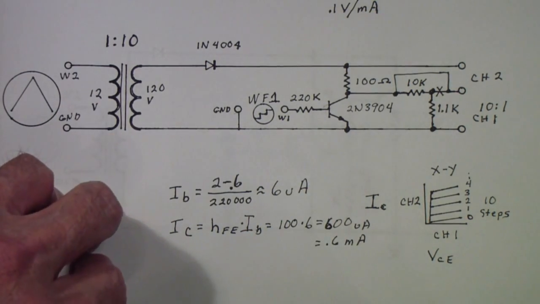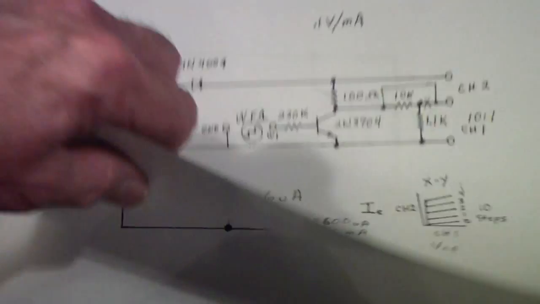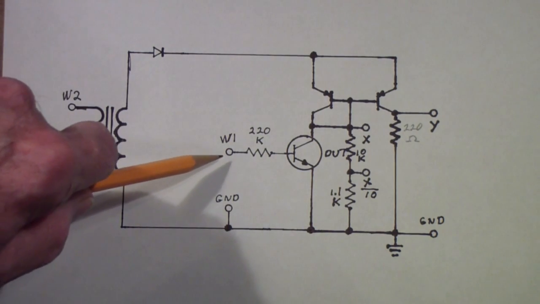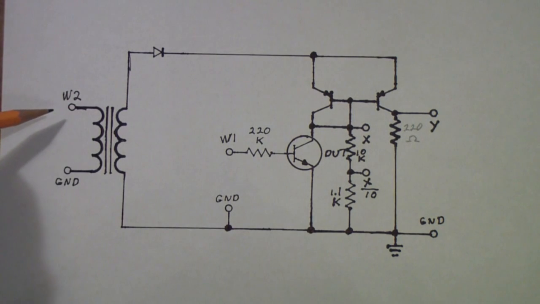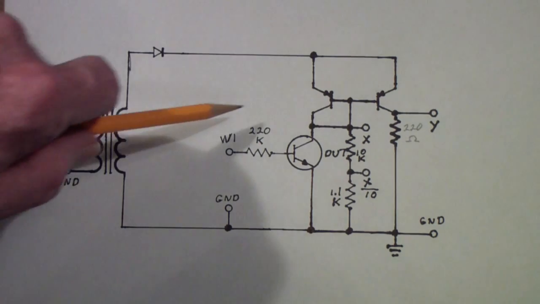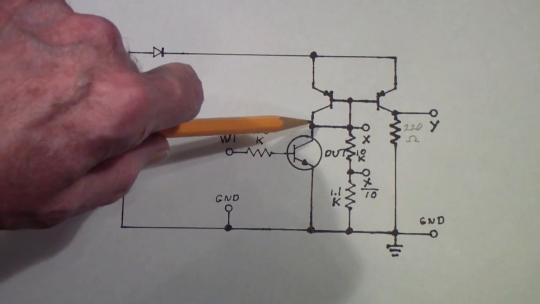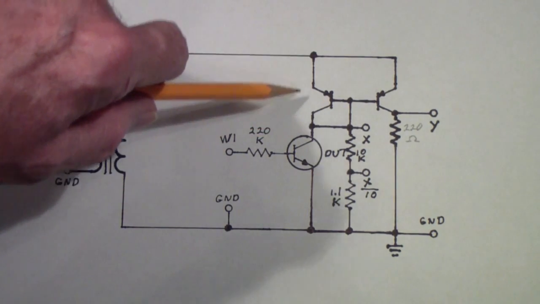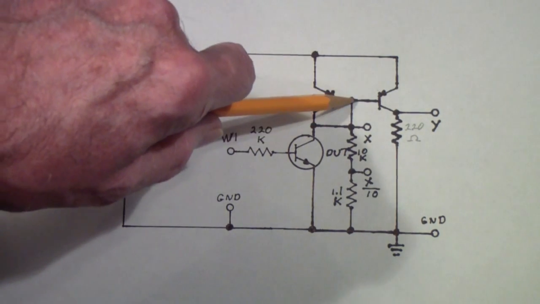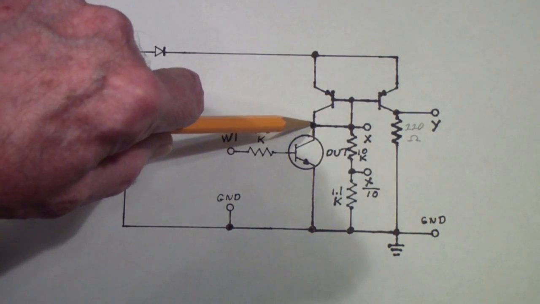Well, what we have done is replace that 100 ohm resistor with a current mirror. Notice now, we're still applying the steps here, we're still applying the triangle through the transformer, but instead of the collector current flowing through a resistor, the collector current flows through this transistor, which has its base connected to its collector.